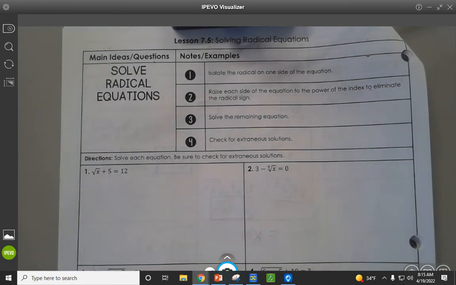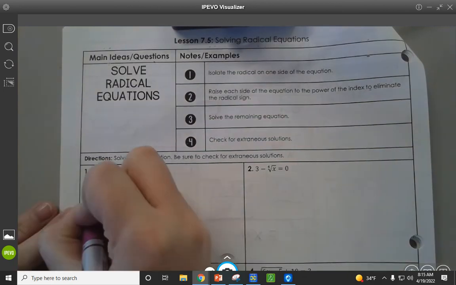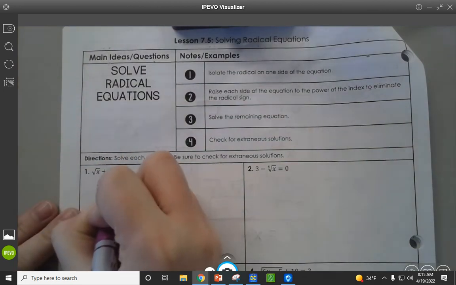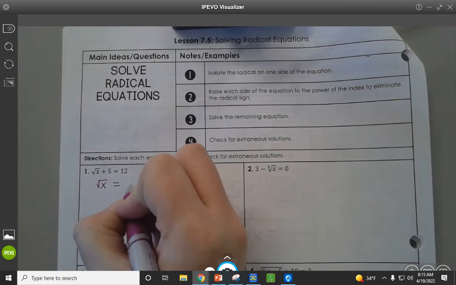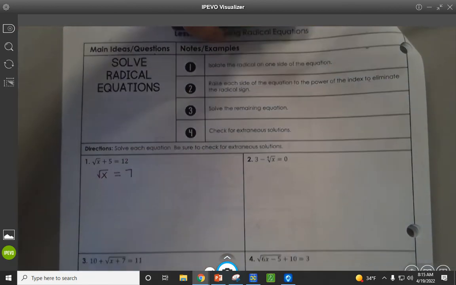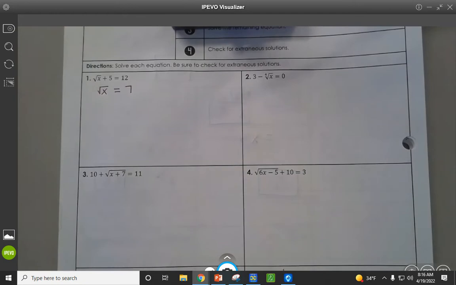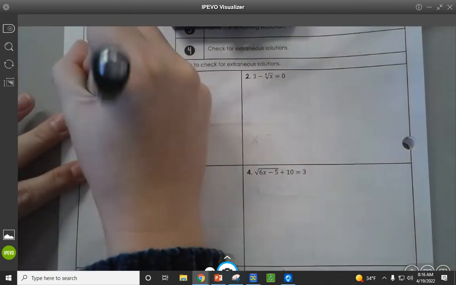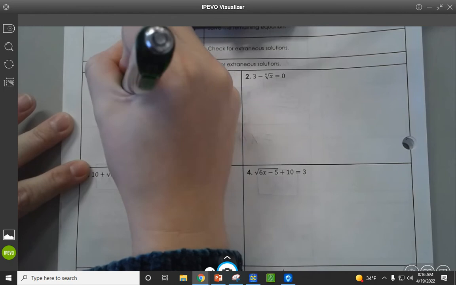And to get rid of the square root, I have to square both sides. And so a square and a square root undo each other. So this becomes x equals, and what is 7 squared? 49.